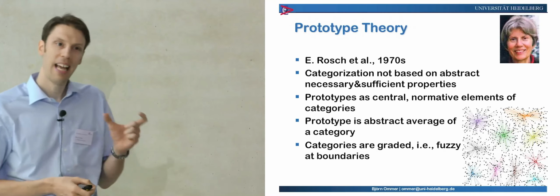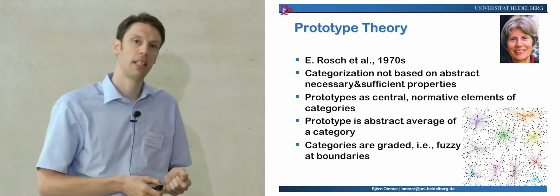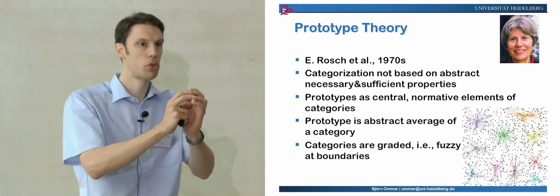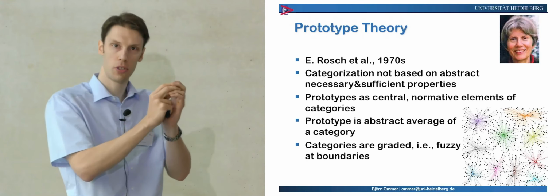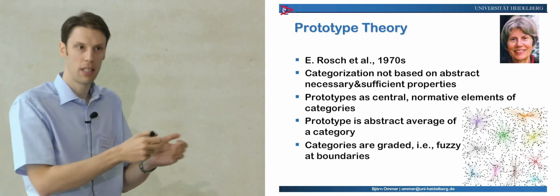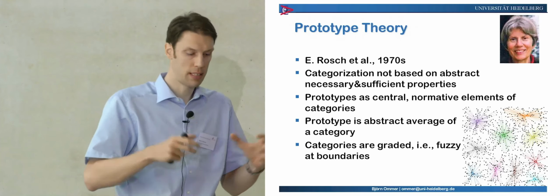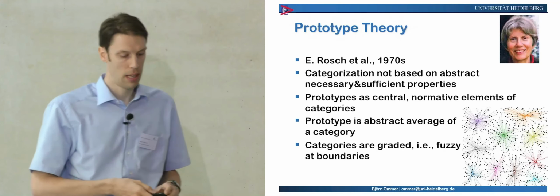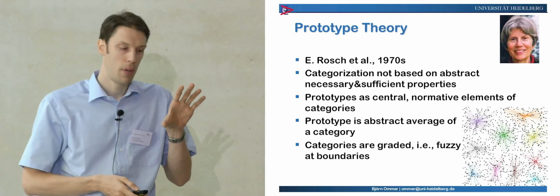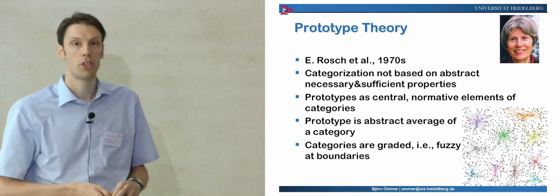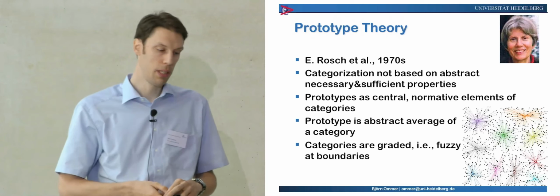So it has an additional effect, and that is that these categories started to be fuzzy at their boundaries. You have this average representation, which is kind of a centroid or prototype, if you think of the analogies to clustering. And at the boundaries, things get a little bit more fuzzy. However, this prototype theory has problems with large amounts of intra-class variability.